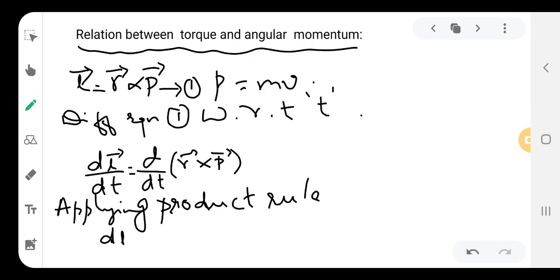So already it is dL by dt, and by the product rule we have to differentiate one by one.